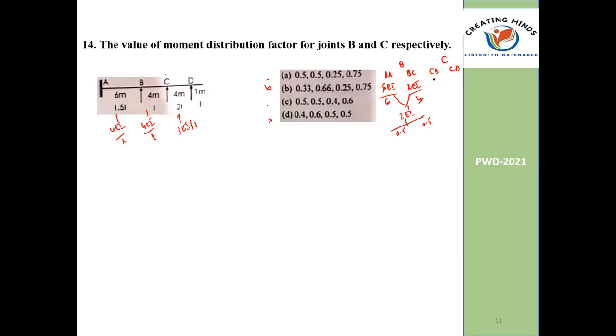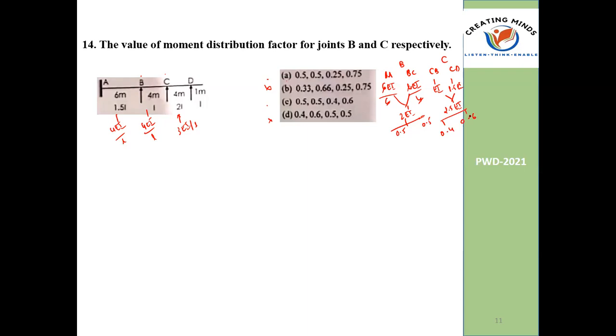For CB, once again it is 4EI by L, and for the other member, 3 into 2 is 6, so 3EI by L is 6 by 4, which is 1.5 EI. The sum should be 2.5 EI. So 1 by 2.5 will give 0.4, and the other one will be 0.6.